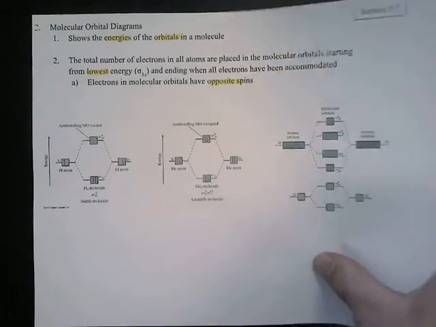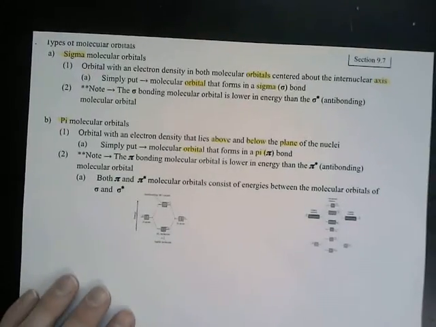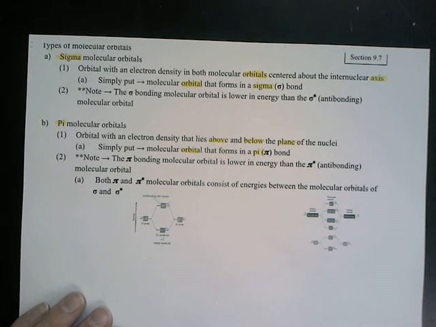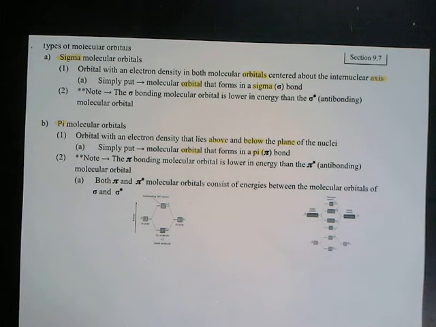Now, the other thing that we need to factor in is the sigma and pi bonds that we just got done talking about. Okay, so the sigma bonds are going to be the orbitals with an electron density in both molecular orbitals centered about the axis.